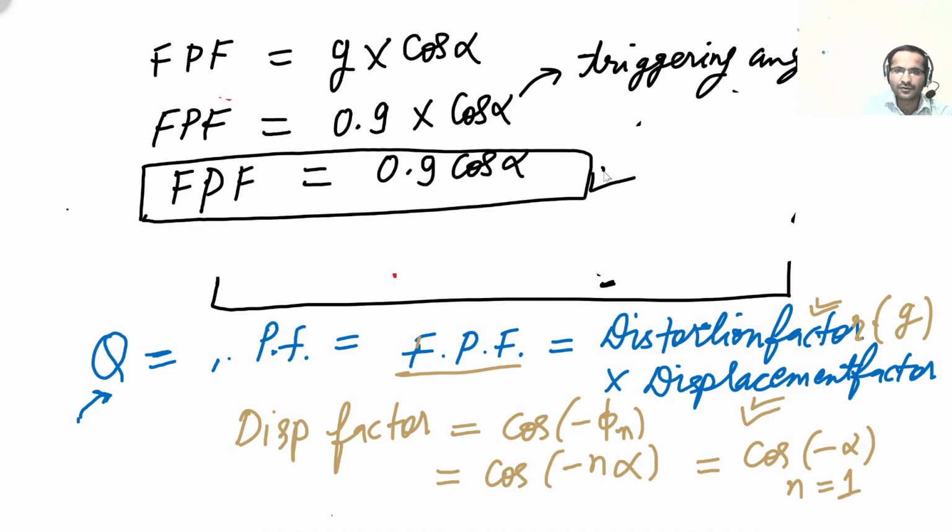So if we directly know the alpha value, we can find the power factor, and from this power factor we can also find the reactive power consumed by the thyristor. How can we do that?